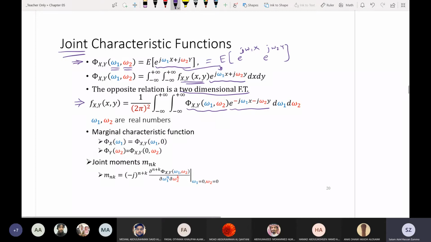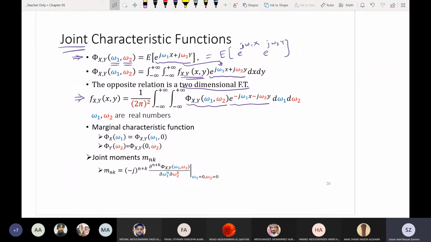Now, again, why do we need to do this? Because it's extremely useful for finding joint moments. As we mentioned before, the n plus kth order moment can be generated by the joint characteristic function, very similar to what we have done for a single random variable.